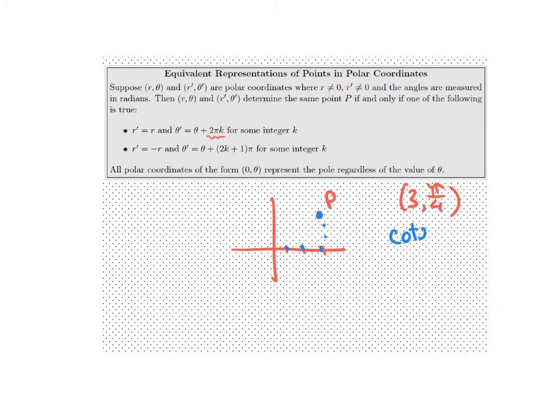You see that 2 pi k that I underlined? If you add a 2 pi k to that coordinate, you could find another coterminal point. So if you go all the way around the circle and added 2 pi to pi over 4, you'd get 9 pi over 4. Just a point that's coterminal. That's all the slide says.